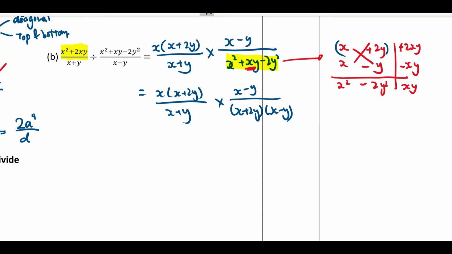Next, x plus 2y and x plus 2y, this whole group can cancel? Yes. x minus y, there's no bracket there, but it's a whole group. So your answer would be x over x plus y.